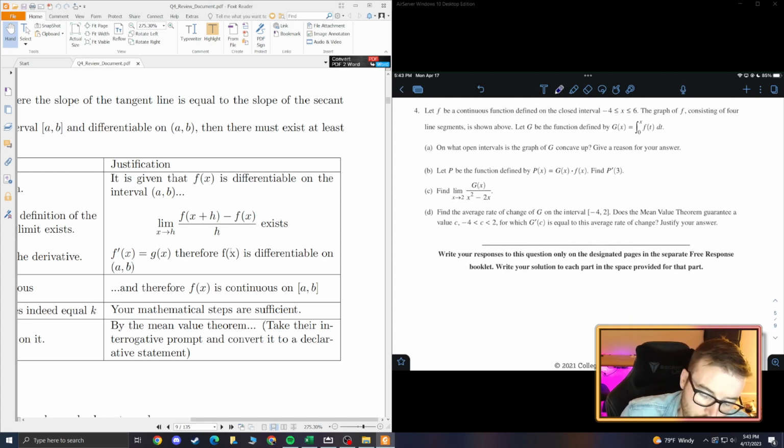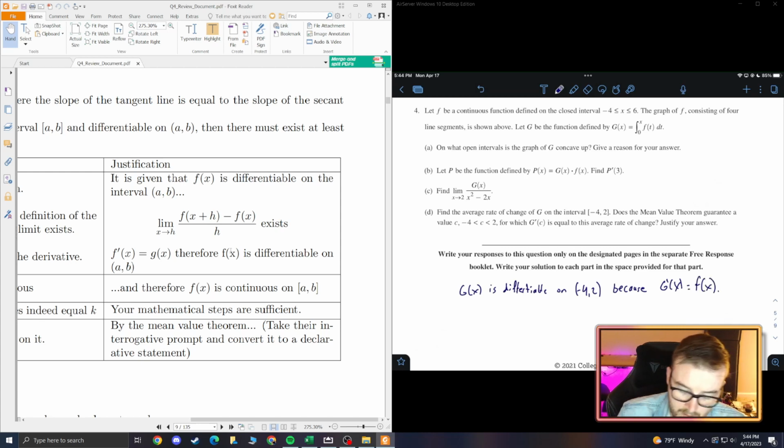Well, we can say g of x is differentiable on -4 to 2 because g prime of x equals f of x.